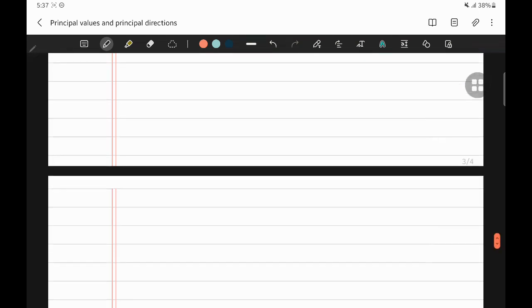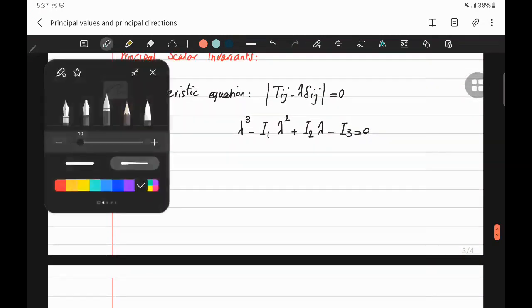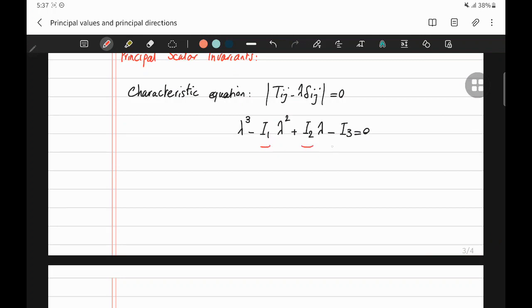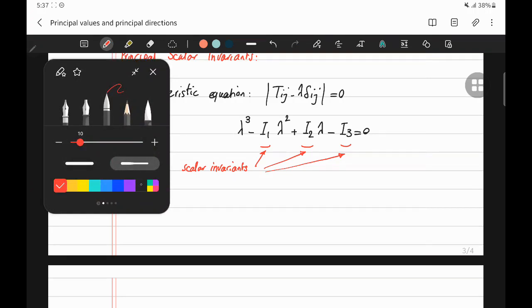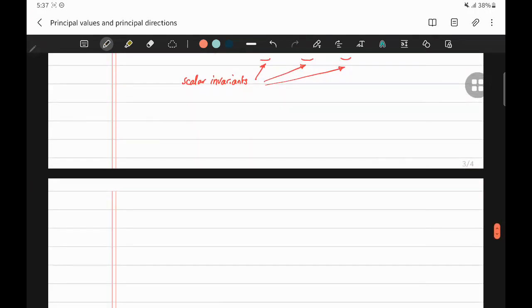And these I1, I2 and I3 are called the scalar invariants. And each is equal to these expressions here. So I1, for example, is equal to the sum of the elements on the diagonal of the tensor. So this is equal to TII, which is the same as the trace of the tensor T.